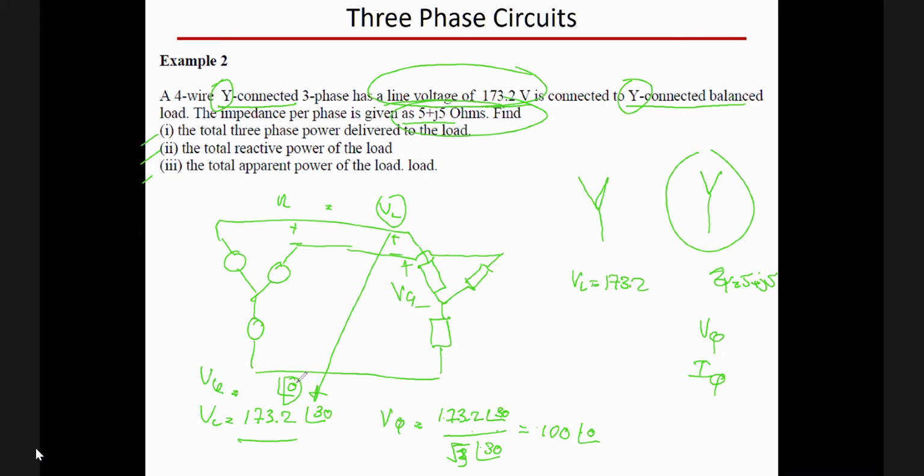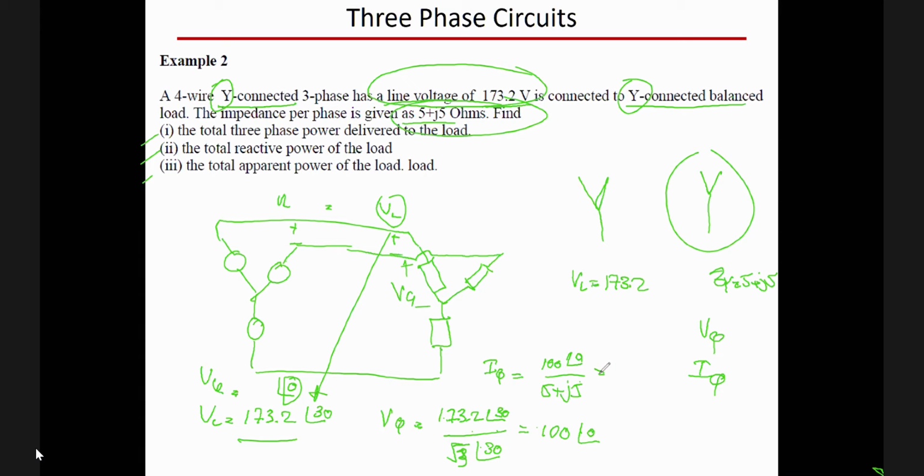What about the phase current at the load? We divide the voltage by the load to obtain the current. The phase current. Yes, that's correct, because we already have the phase voltage. We have the impedance per phase. So to find the phase current, it's basically this voltage 100 divided by 5 plus J5.